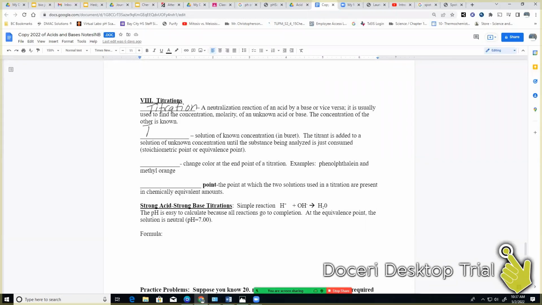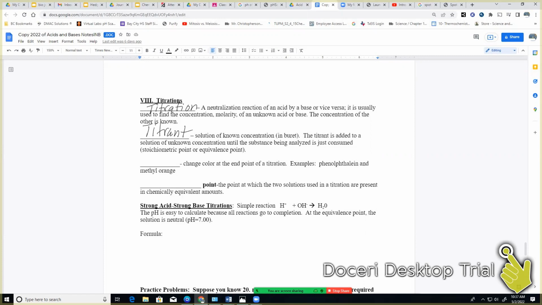The titrant is the solution of known concentration that is in the burette, and the titrant is added to a solution of unknown concentration until the substance that is being analyzed is just consumed and the equivalence point has been met.